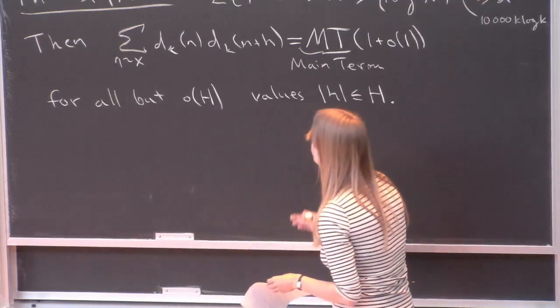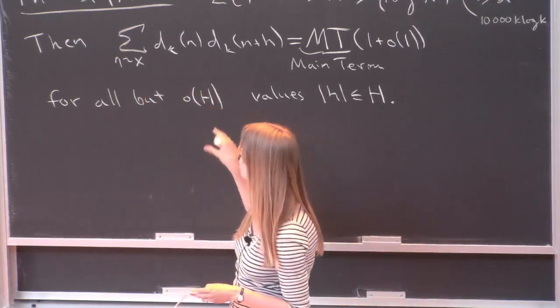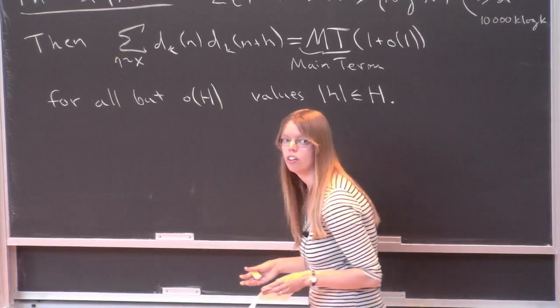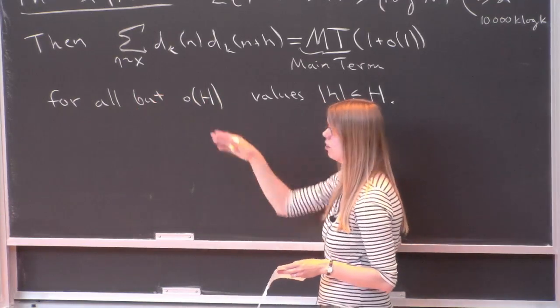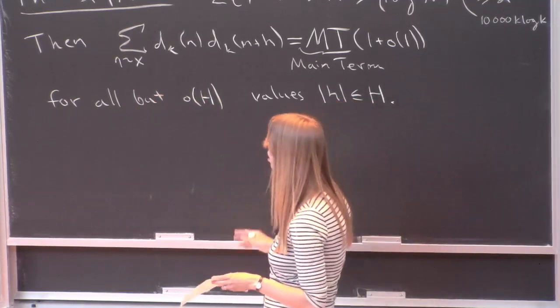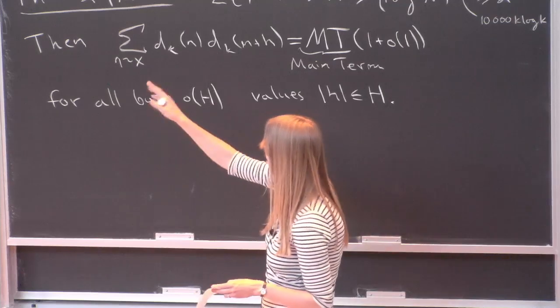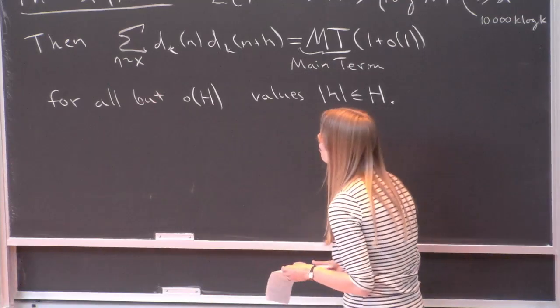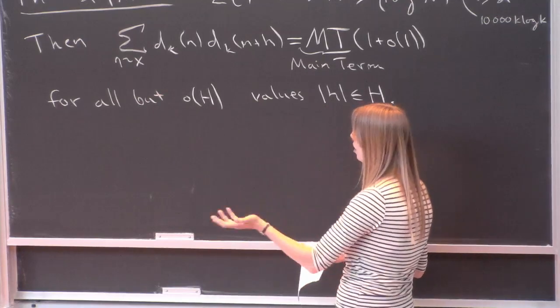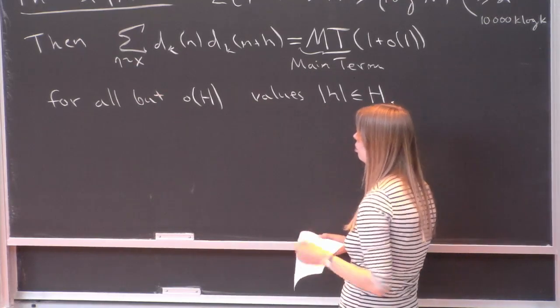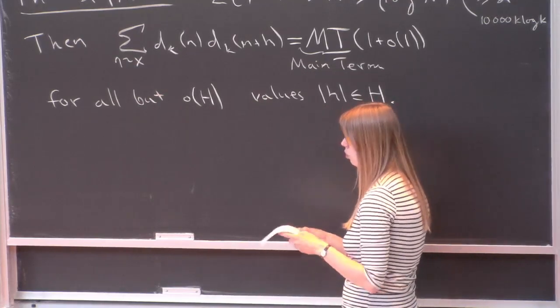Okay. So now I have stated two theorems, and I will next start talking about how to prove these theorems. There are similarities in the proofs and there are differences, but I will start with the general setup, which is the same for both theorems and which is using the circle method.